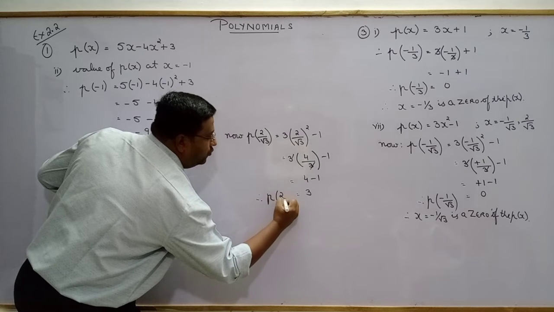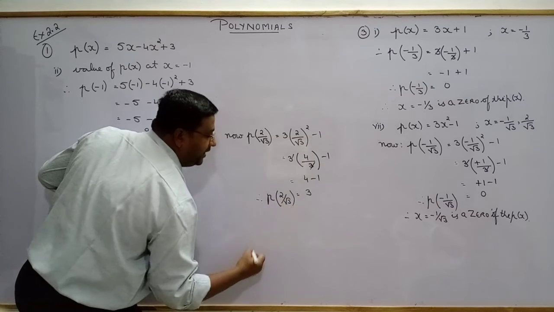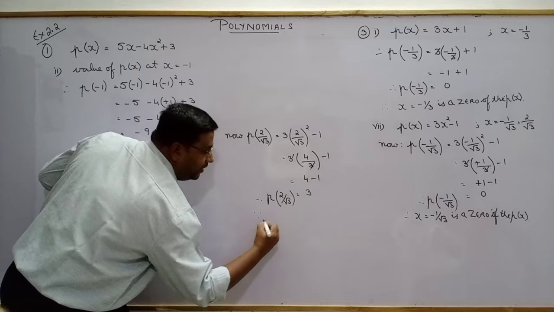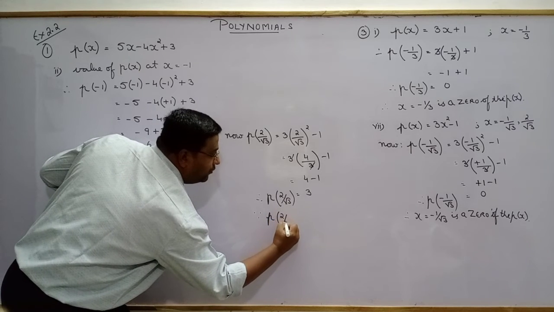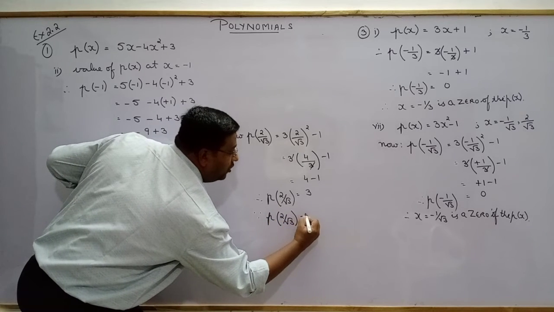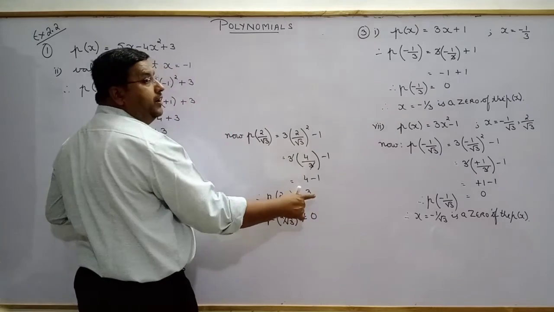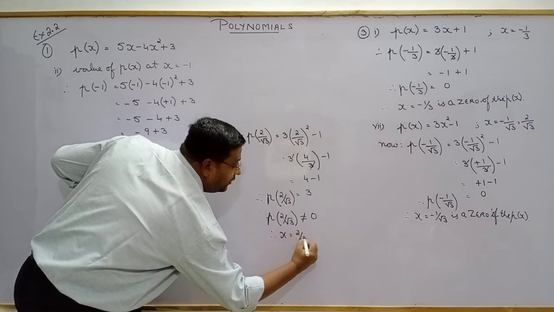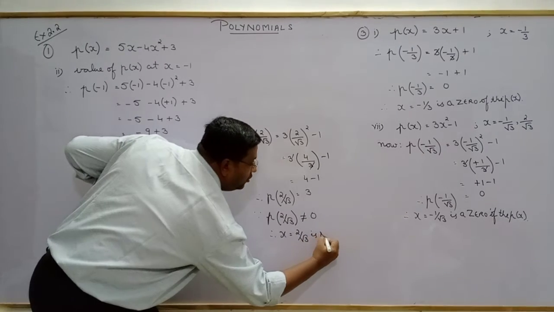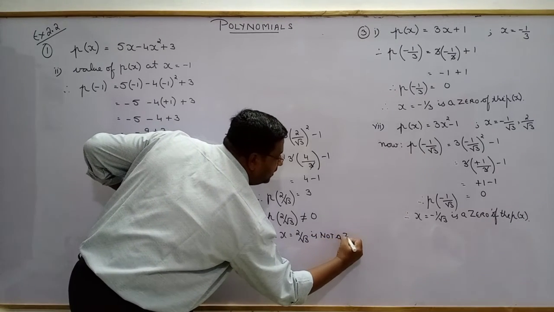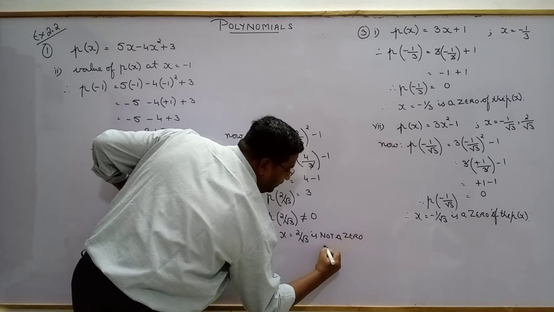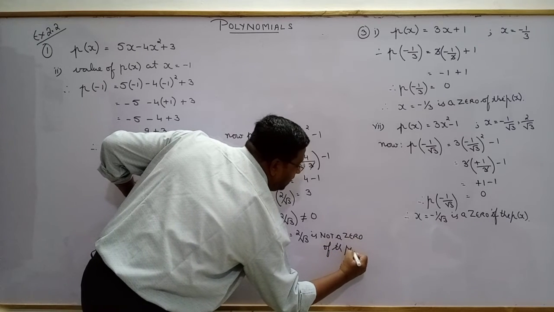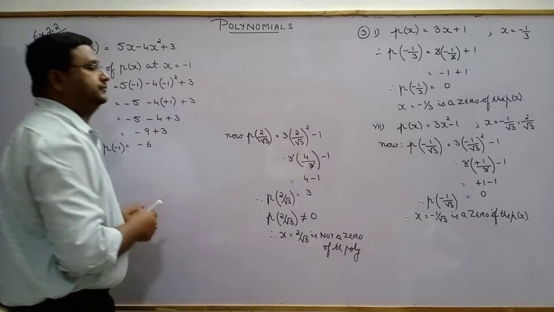So P of 2 by root 3 is equal to 3, which is not equal to 0. Is it equal to 0? It is equal to 3. Therefore, x equals 2 by root 3 is not a zero of the polynomial.